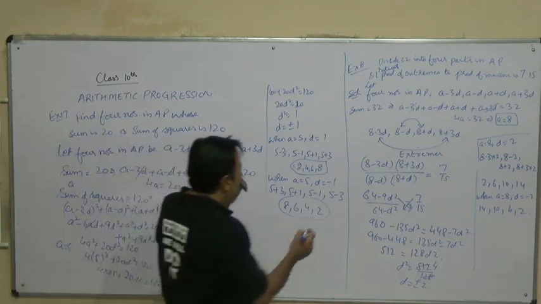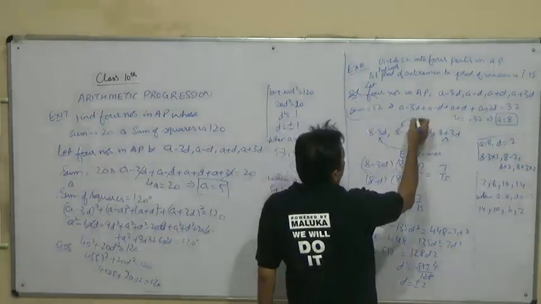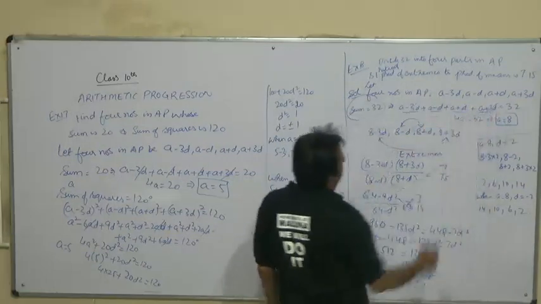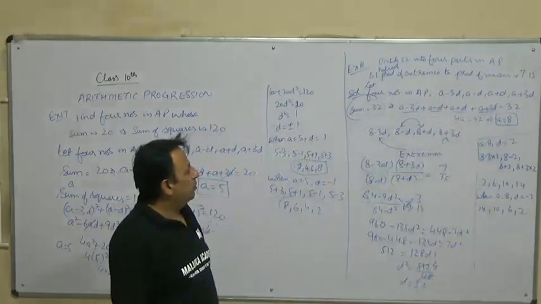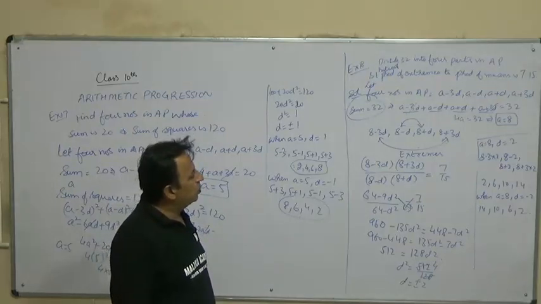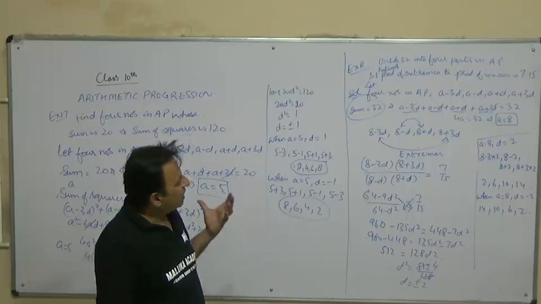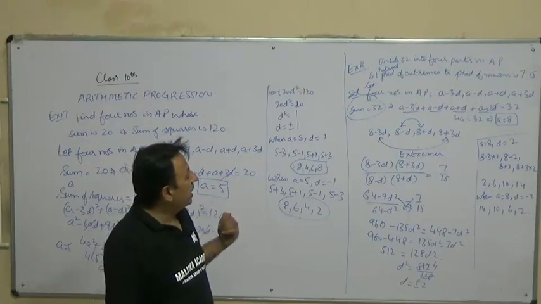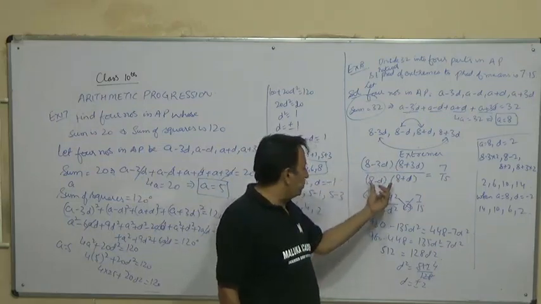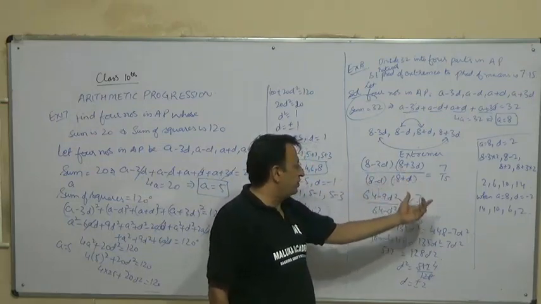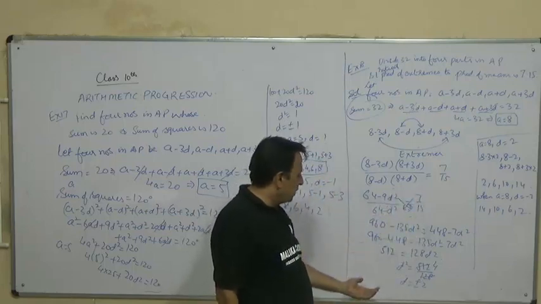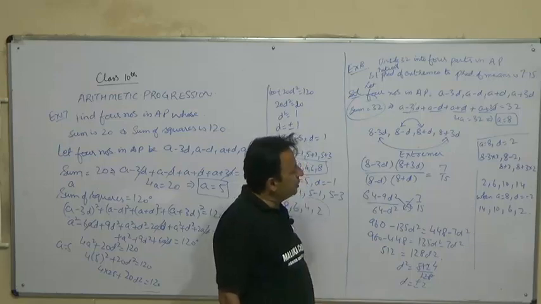When we add these numbers, minus 3d and plus 3d cancel out, minus d and plus d cancel out, we get 4a is equal to 32, a is equal to 8. Now the condition given is that the ratio of product of extremes to the product of means is equal to 7 by 15. So we applied the condition, cross multiplied, and got d is equal to plus minus 2.